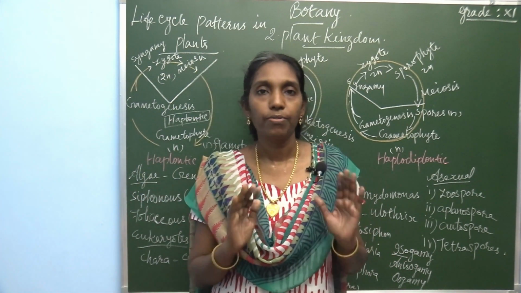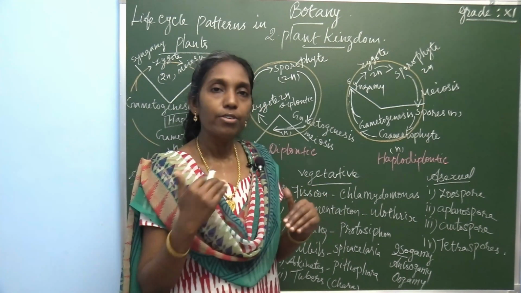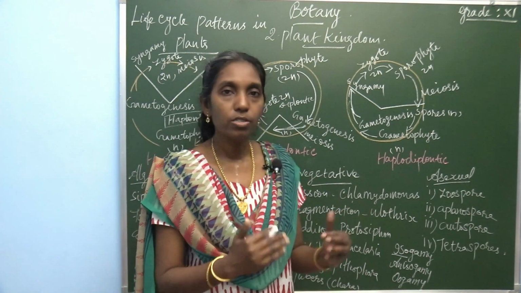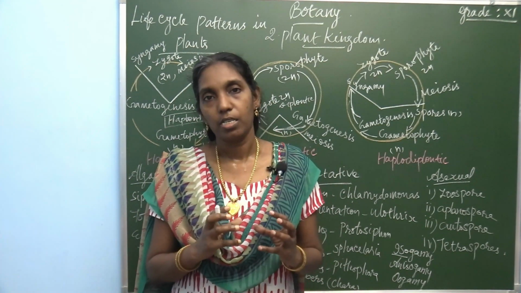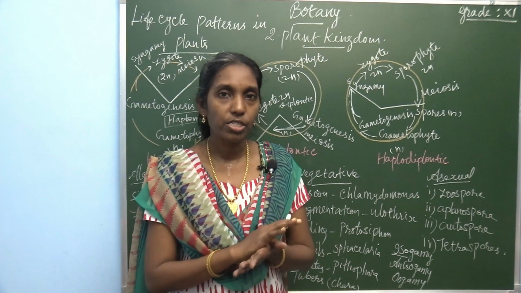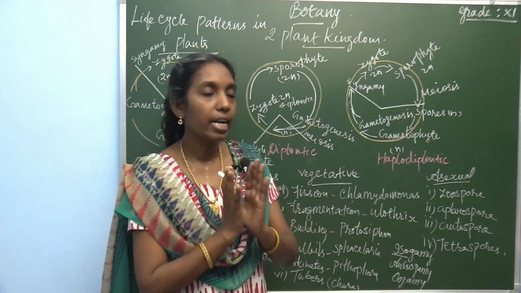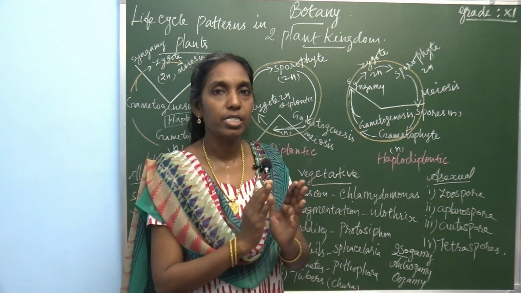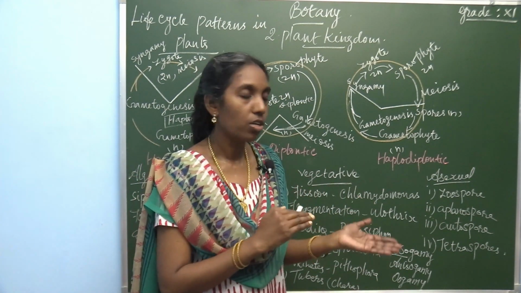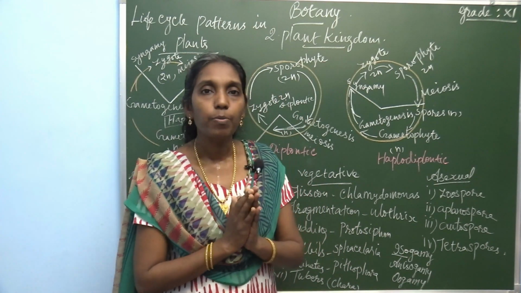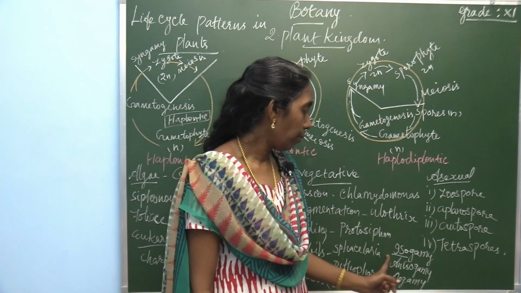So, in sexual reproduction, fusion of male and female gametes forms a zygote. Here in isogamy, morphologically and physiologically similar gametes are fused together. That type of reproduction is called isogamy.